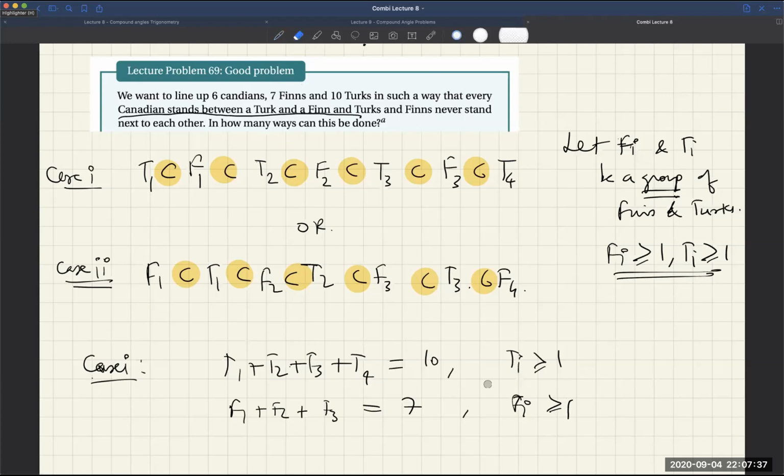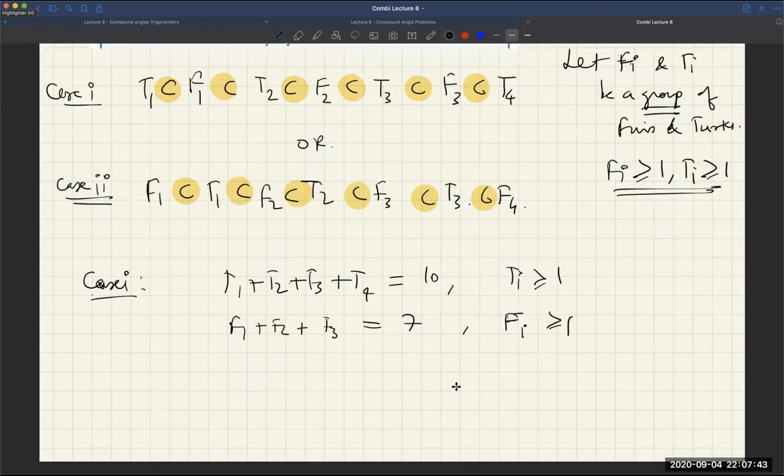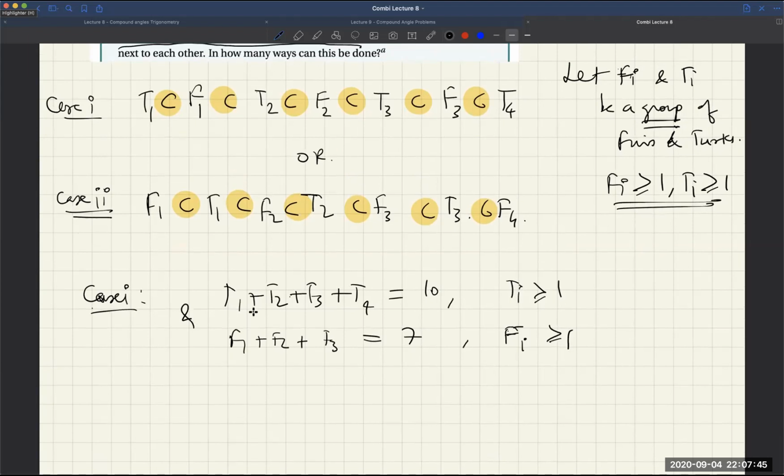Do I make sense here in this problem? Is this fine, guys? I hope everybody is clear. So the number of ways of distributing the Turks among this particular sequence, T1 plus T2 plus T3 plus T4 equals 10, and the Finns, will be a multiplication theorem between these. Am I clear? And what will case 2 be?